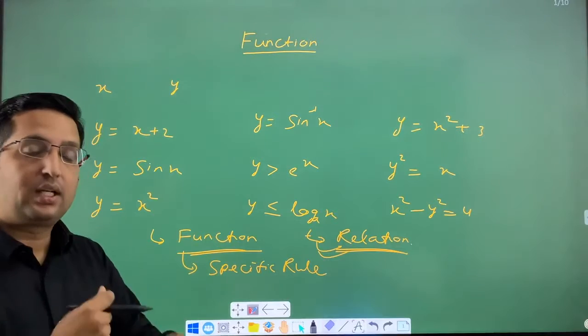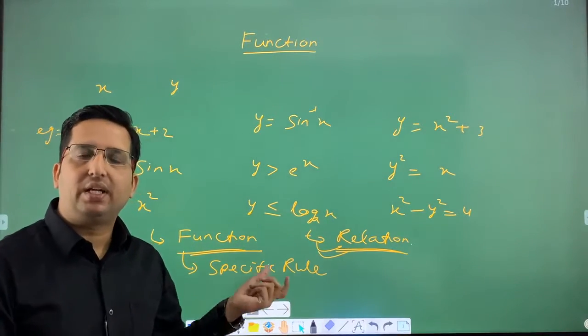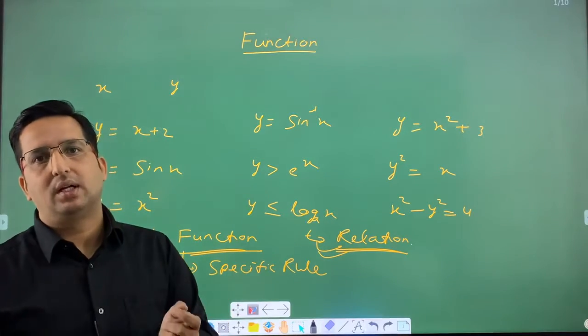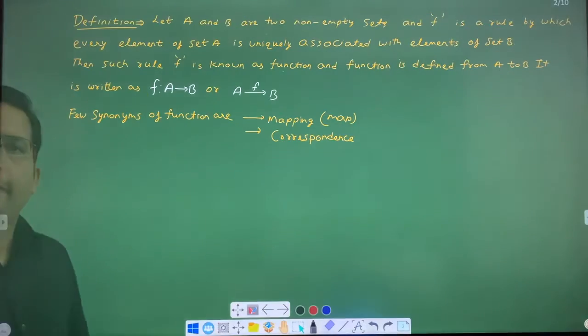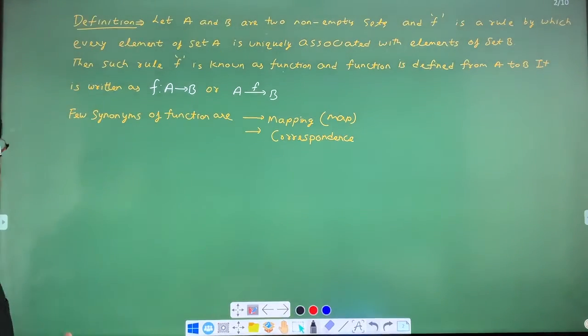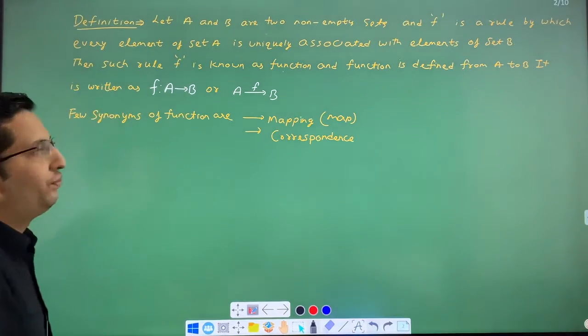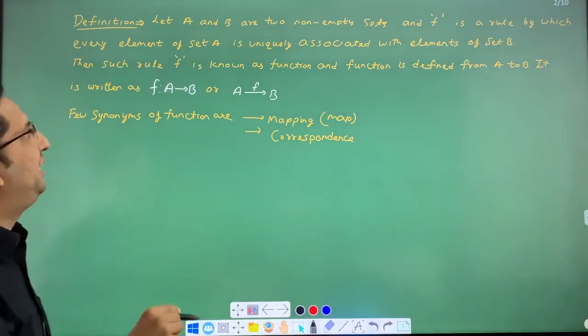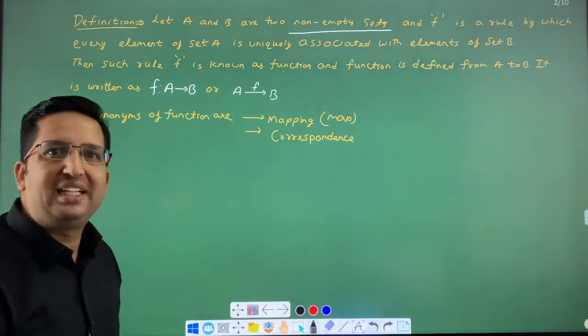Now, the thing that comes to our mind is, what are these specific rules or conditions? To discuss in detail what a function is, let's read its definition. It says, if a function is defined from set A to set B, where these two sets are non-empty sets.